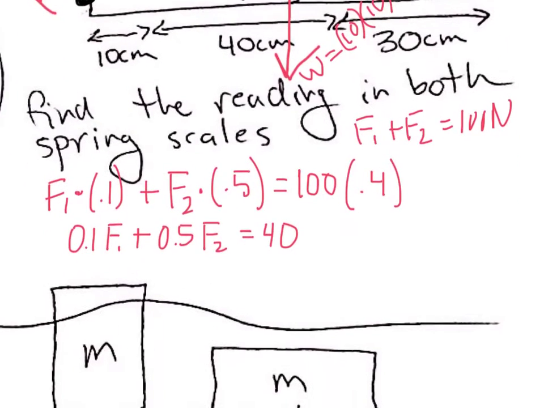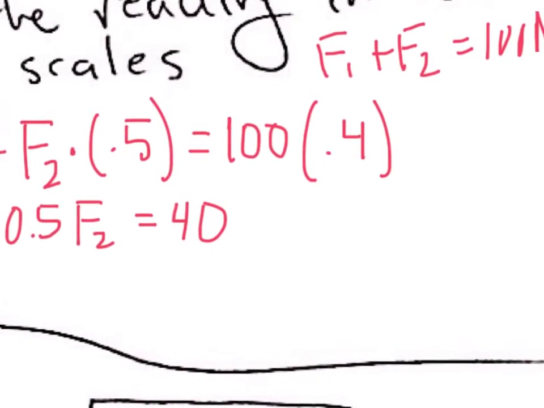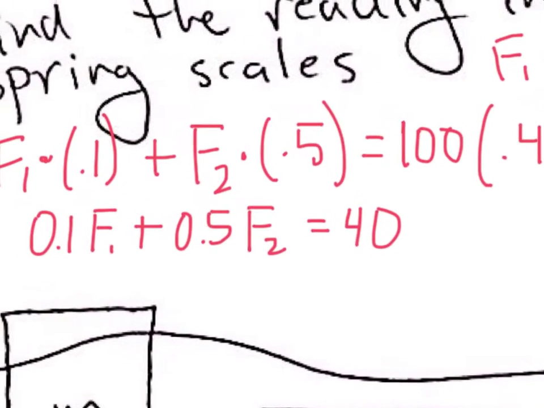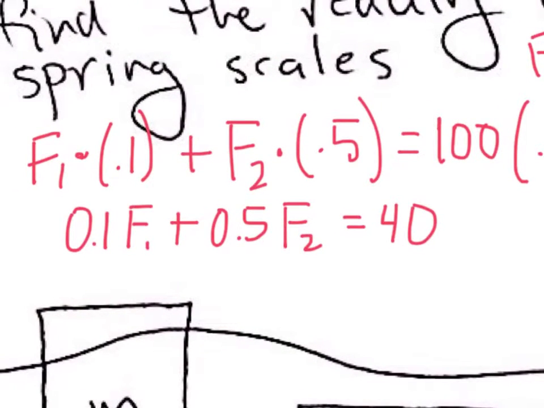I am running out of space, so I'm going to zoom and see what we can do here. Much better. Okay. So, given the equation that was up there, which was F1 plus F2 equals 100, we could say F1 equals 100 minus F2. And we're going to substitute this in here.